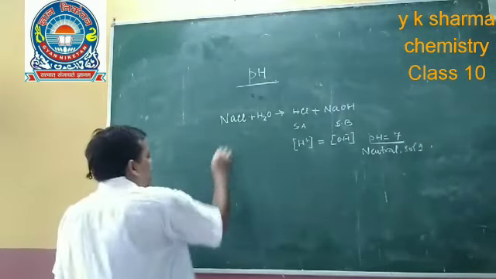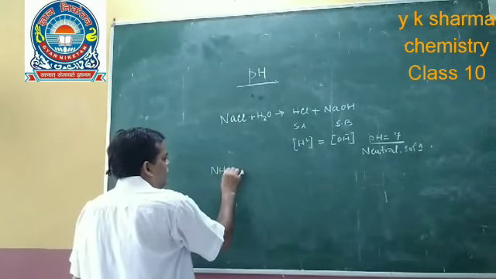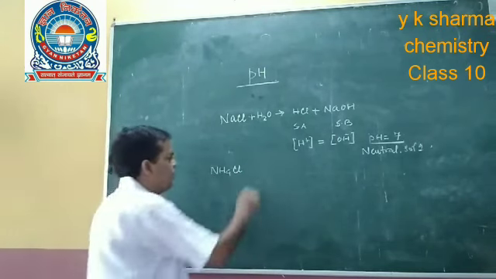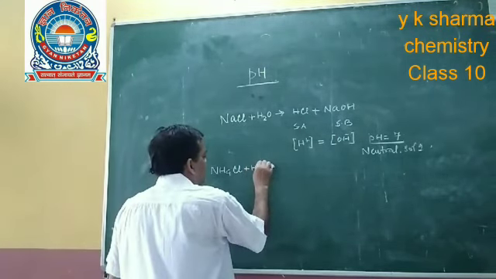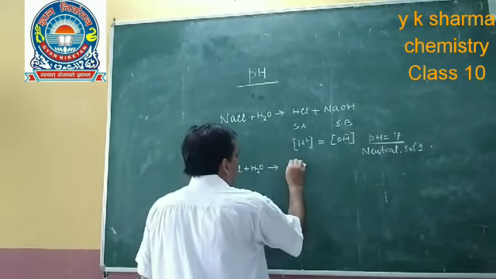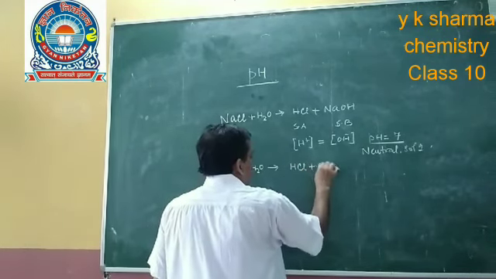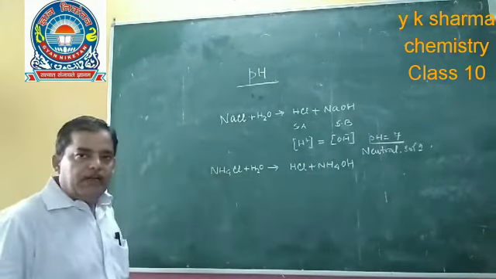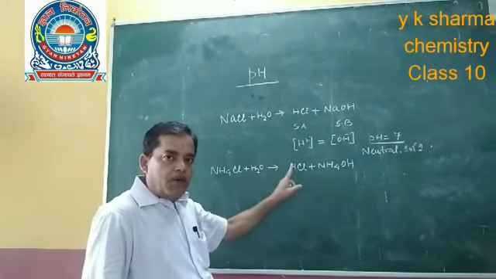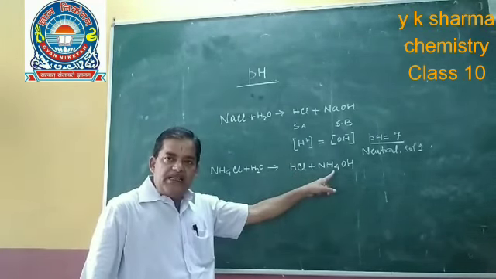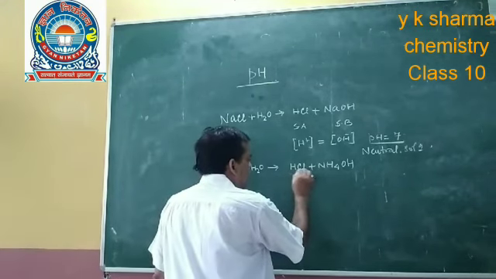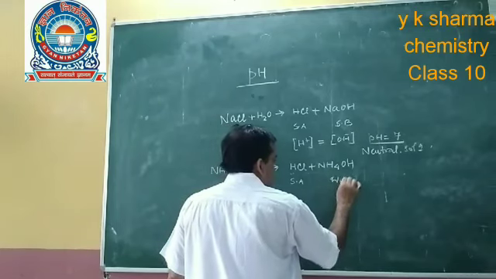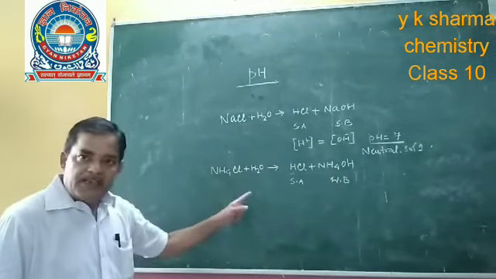Similarly, you can write NH4Cl. NH4Cl dissolves in water and forms HCl plus NH4OH. What will be the pH of that salt solution? You can see the corresponding acid and base are formed. The acid is a strong acid, and here the base is a weak base.